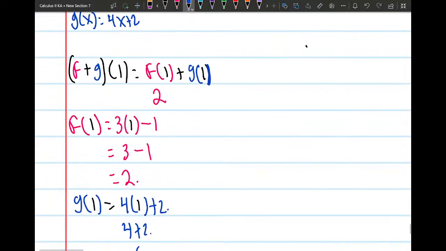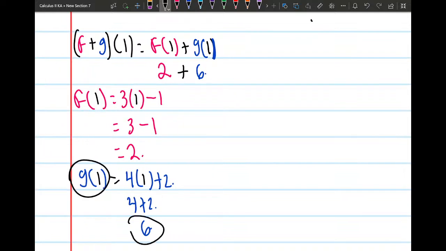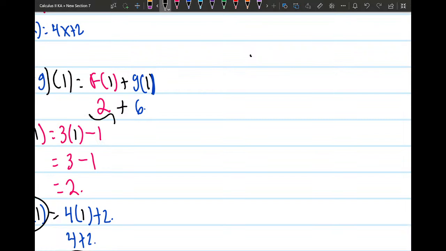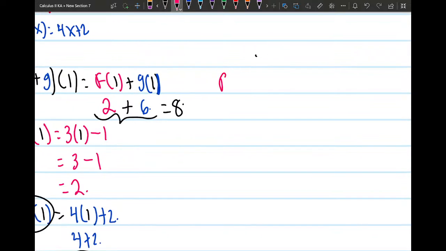So g of 1 is 6, and then we have 2 plus 6 here. It's going to be 8. So we know that f plus g of 1 is 8, because it's 2 plus 6, and it's 8.